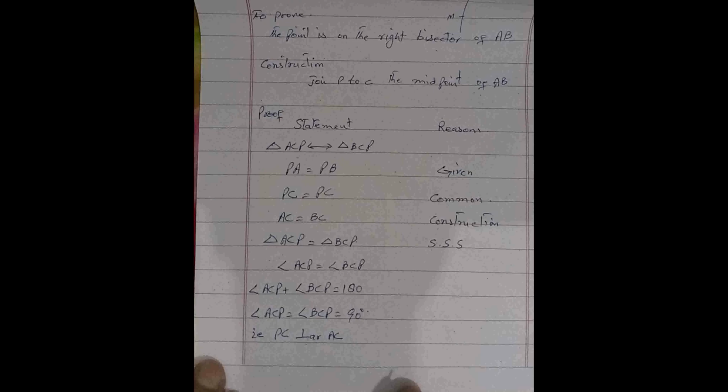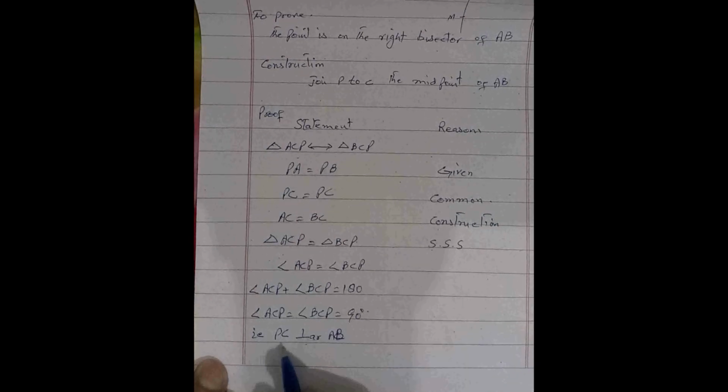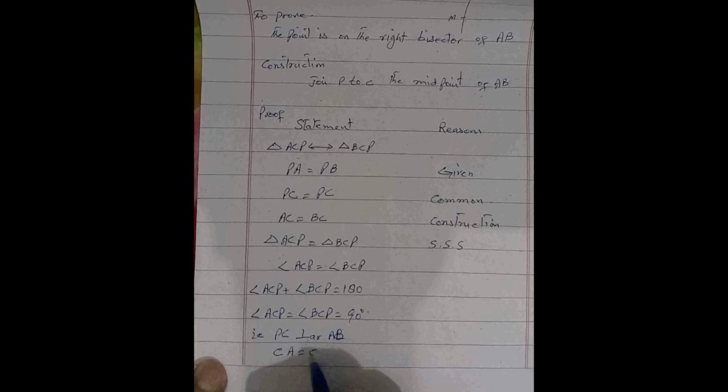Perpendicular means that there is a 90 degree angle between PC and AB. PC is perpendicular to AB. And we also know CA is equal to CB. The line segment AB is divided into two sides, AC and BC.